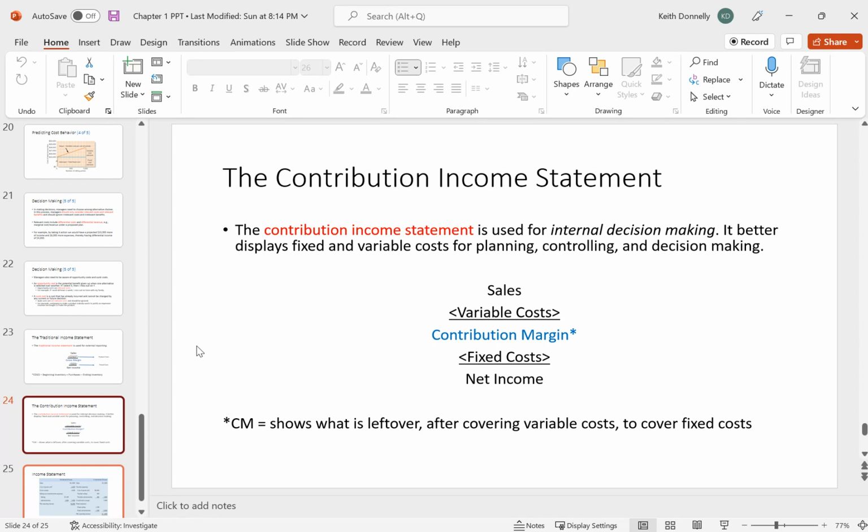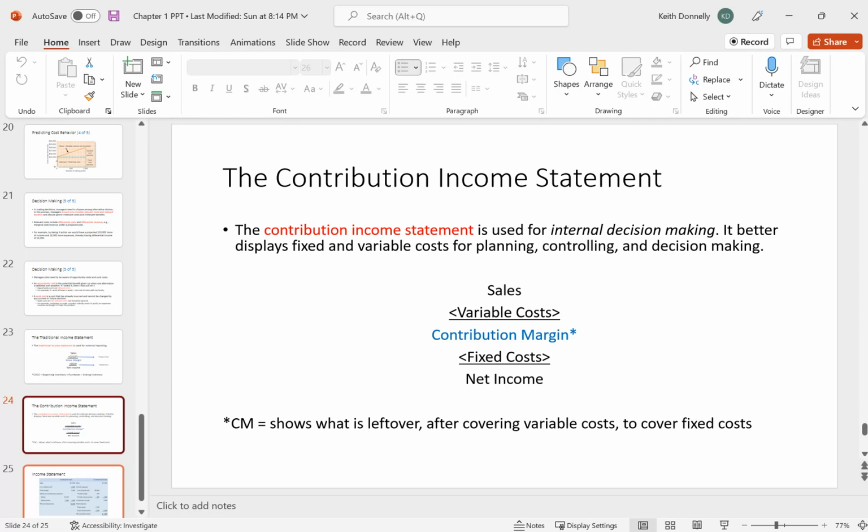In managerial accounting, because we're concerned here with internal users and how we can help them with things like planning, controlling, and decision making, we may make a separate income statement that's a contribution income statement. In other words, it breaks out our variable from our fixed costs. We could analyze those to help us run the business a little bit better.